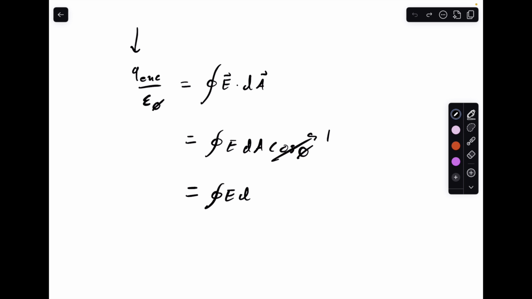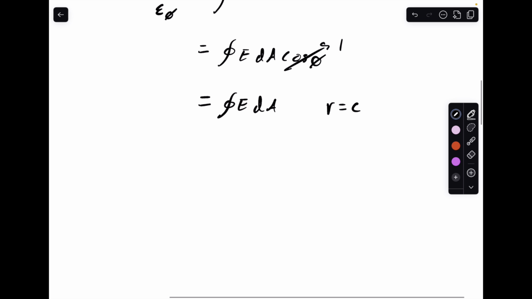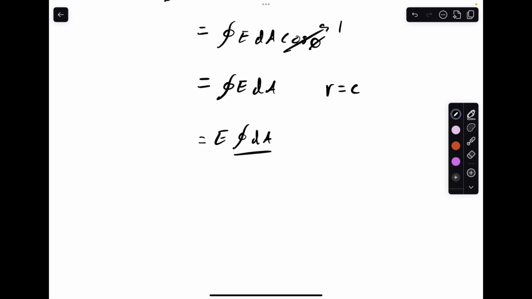But as I said, for that water bottle at a radial distance r equals c, the electric field will be the same because it's equidistant from the line of charge. So I can just pull out my constant from the integral and I get E times the integral of dA. And like I said, some people call it a surface integral, and that's just an abbreviation for surface area.